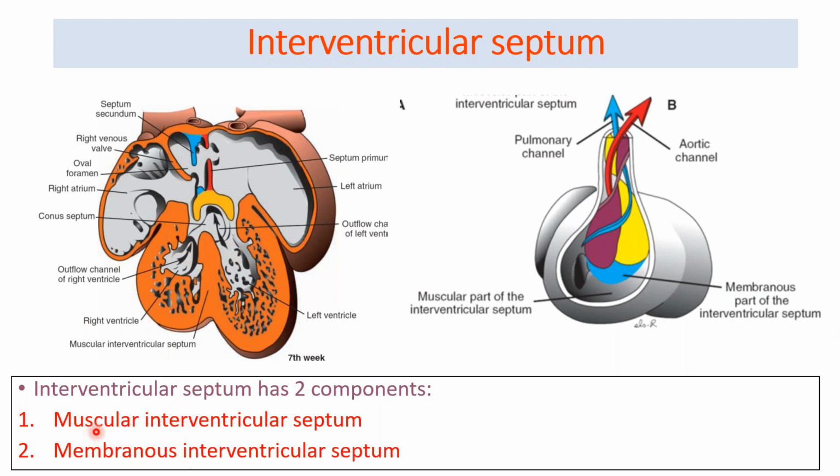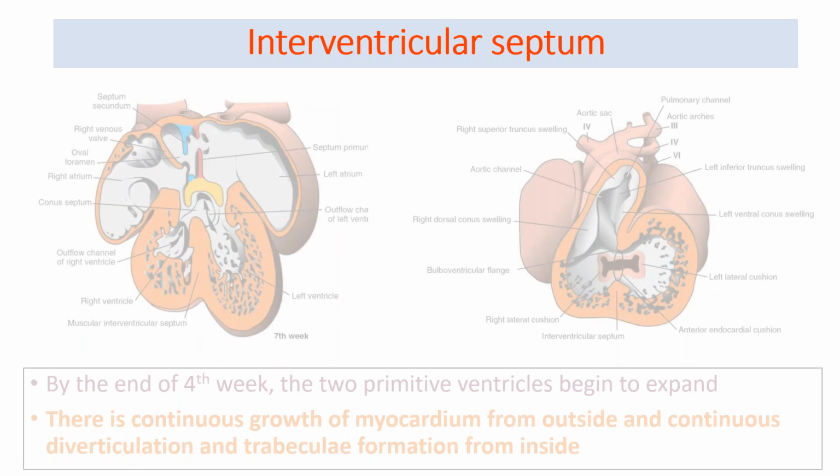The interventricular septum has a muscular component. This is the muscular part, and this gap will be filled by the membranous part of the interventricular septum, which is between the endocardial cushions, the AV cushions, and the upper margin of the muscular part. Over here is the formation of the membranous part of the interventricular septum.